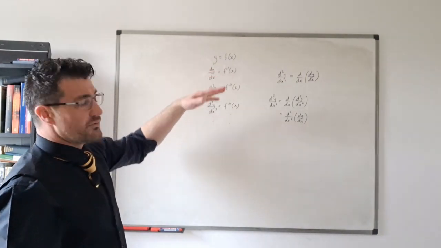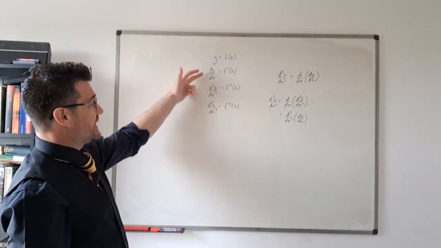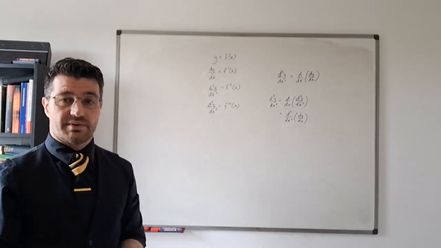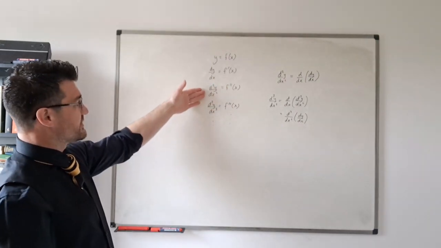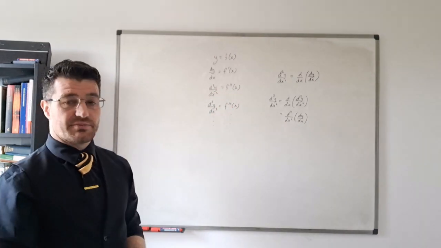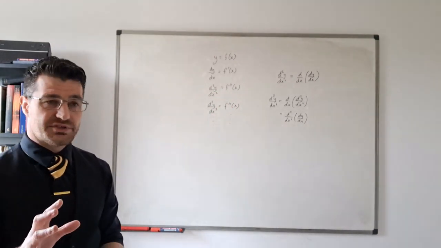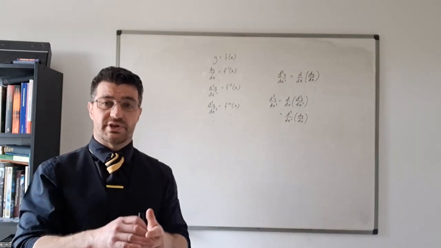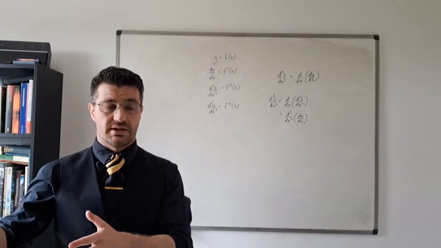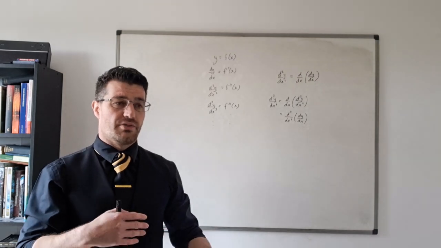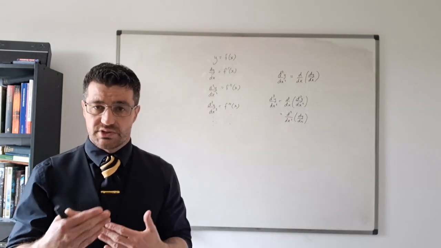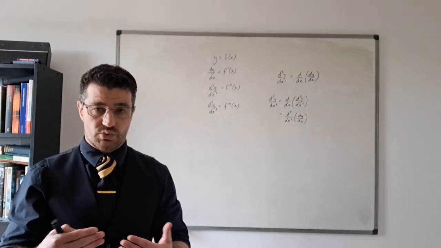So we can draw the graph of y equals f of x. We can also draw the graph of dy by dx equals f prime x. We can draw the graph of d2y by dx squared equals f double prime x. Okay, and it's going to be important for us to acknowledge that we can draw the graphs of these things, but also that we start to understand the relationships between these graphs.